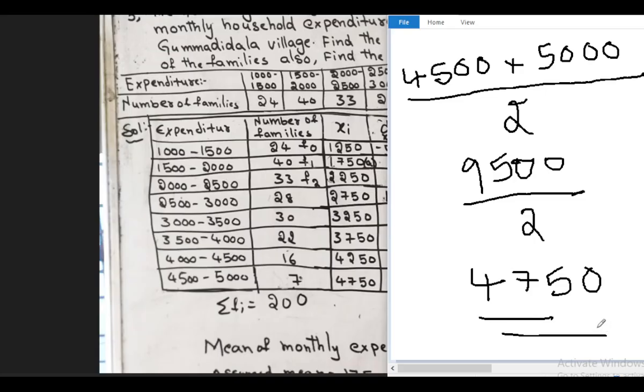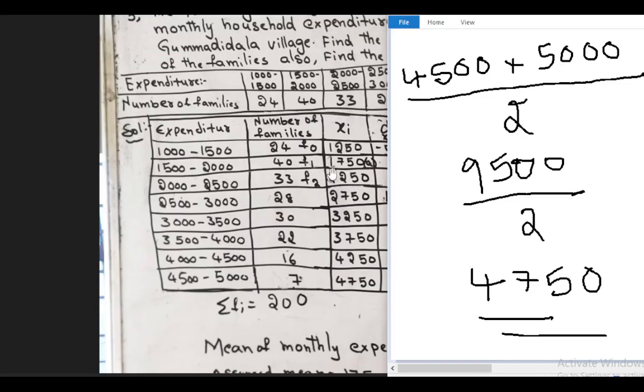Finally, we got 4750 as the class mark or midpoint for 4500 and 5000. So like that, we can find the class mark or midpoint by taking the average of the lower boundary and upper boundary of each class.